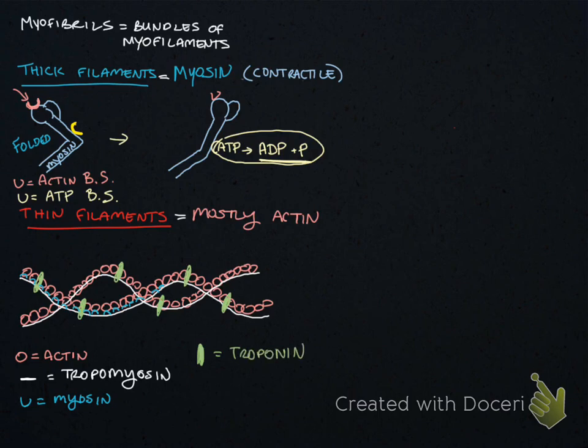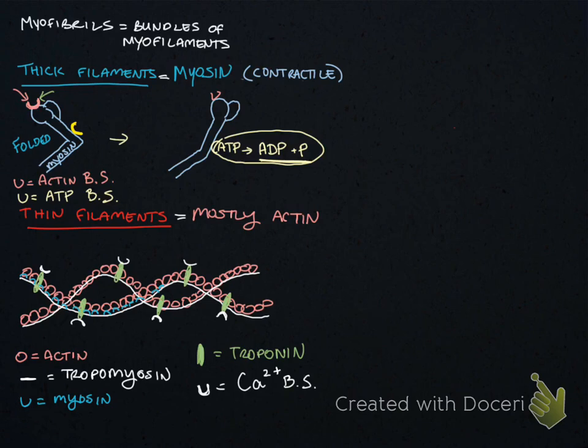In order to get this gatekeeper to move out of the way, to allow tropomyosin to move and open up these myosin binding sites so that it can react with the actin binding site here on the myosin heads, we need to talk to this gatekeeper. And the molecule that talks to the gatekeeper is calcium. It has a binding site on troponin.